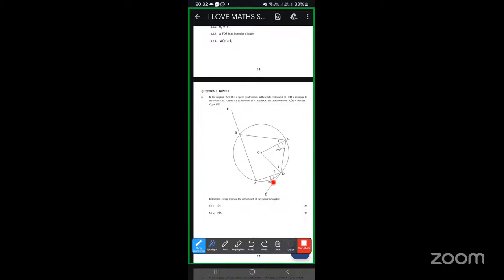Now we are required to find the size of angle FBC, which is that exterior angle of the cyclic quad that we were given. We said ABC is a cyclic quad. Now how can we find that angle? Oh, this question is nice.